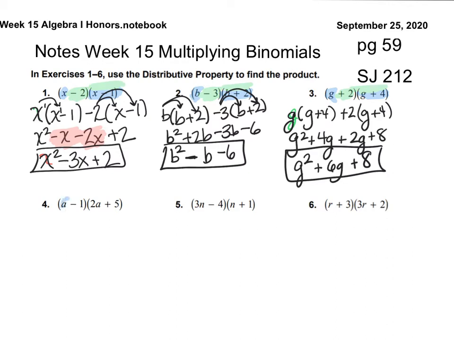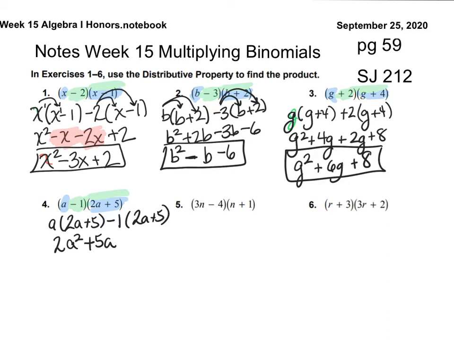For the next one, I'm going to distribute again. I'm going to distribute a to 2a plus 5 and negative 1 to 2a plus 5. A times the quantity 2a plus 5, minus 1 times the quantity 2a plus 5. Distribute. A times 2a is 2a squared. A times 5 is 5a.